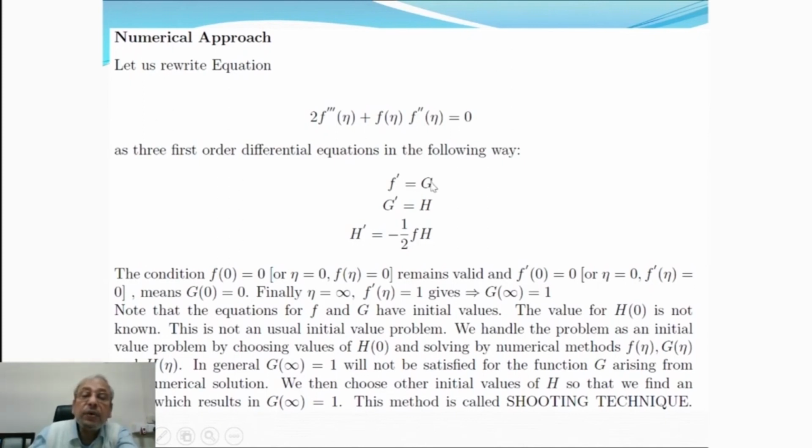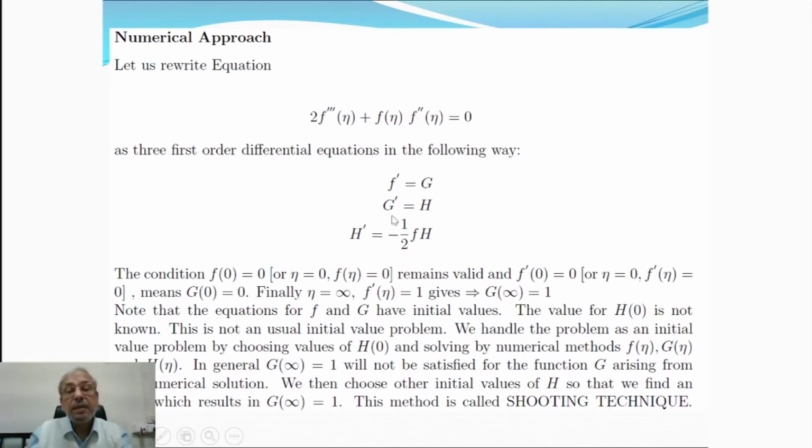So the initial condition for this is known, the initial condition for this is known, but this is basically g prime, so h prime, so we have to know h0. Now h0 means f double prime at 0, but we do not have that condition here, right?